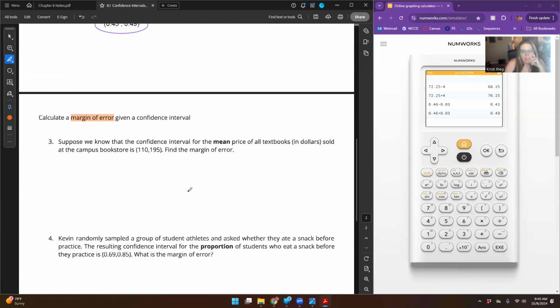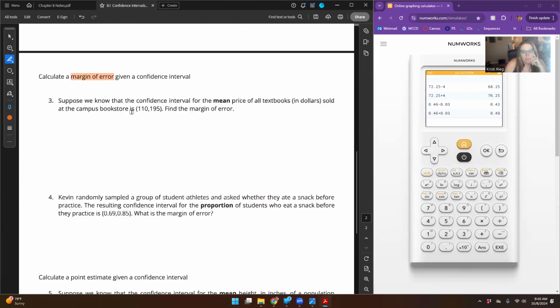So our confidence interval is 110 to 195. And we want to find the margin of error. Okay, so to figure out what number is being added and subtracted from these two numbers, we're just going to take the biggest minus the smallest.